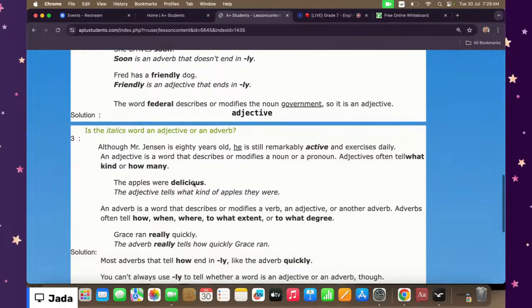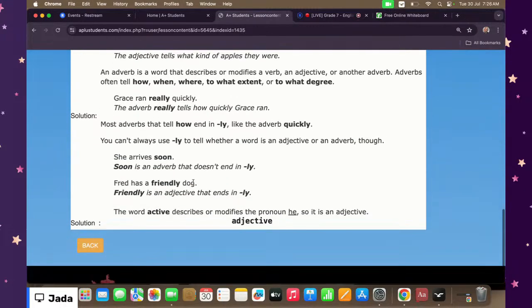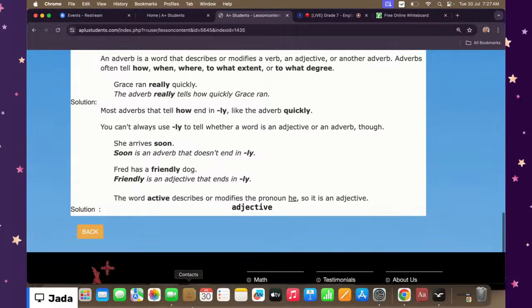Okay, so the word active describes or modifies the pronoun he, so it is an adjective. All right. So that's the necessary things that we need to take note of. Very important.